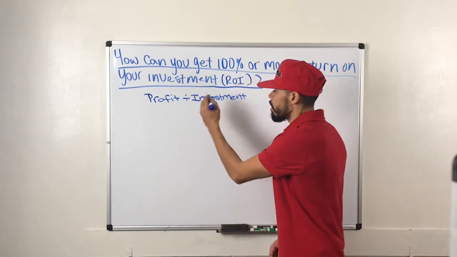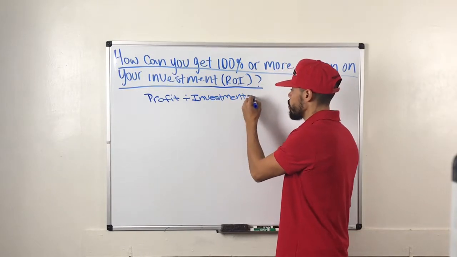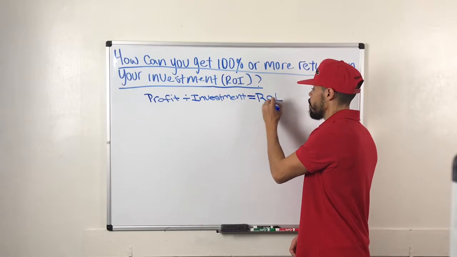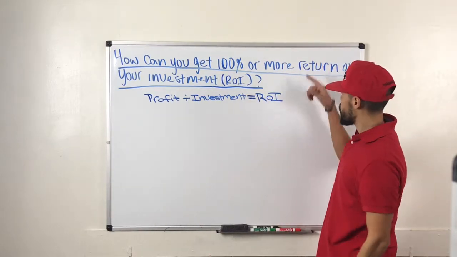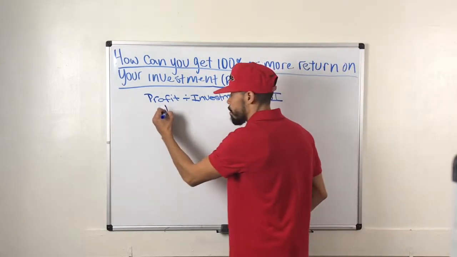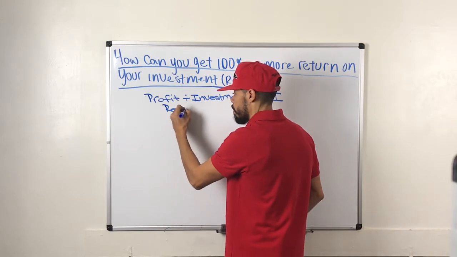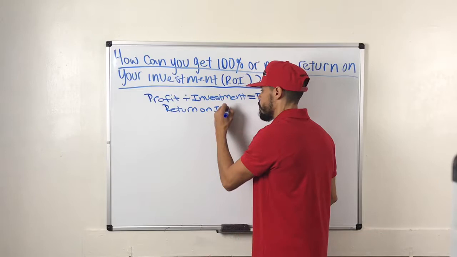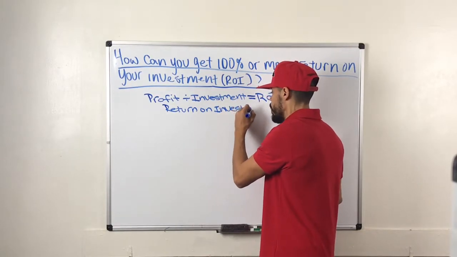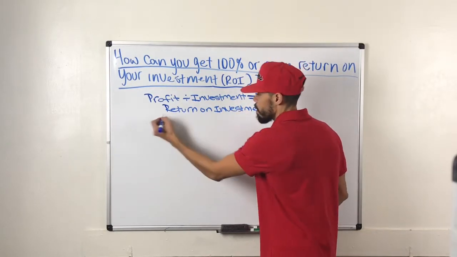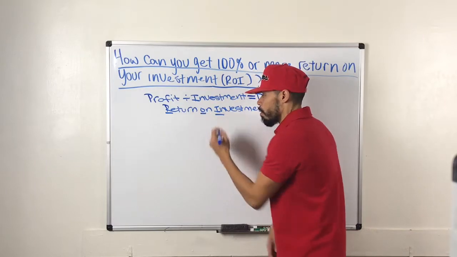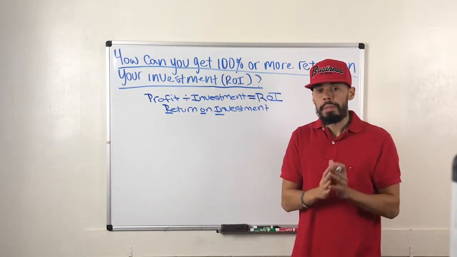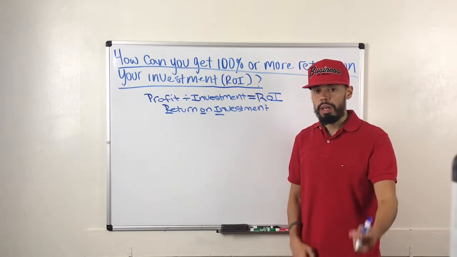Now, your profit divided by your investment equals, let's do this correct, your ROI, your return on investment, right? Return on investment, ROI. So basically what your ROI is, is how much money your money made on the money you put out.